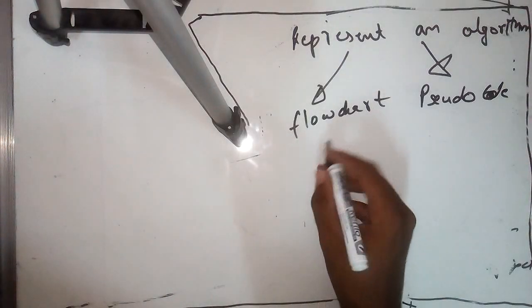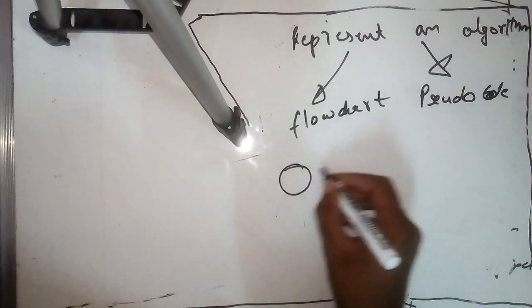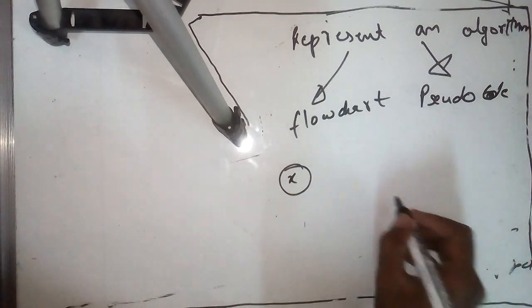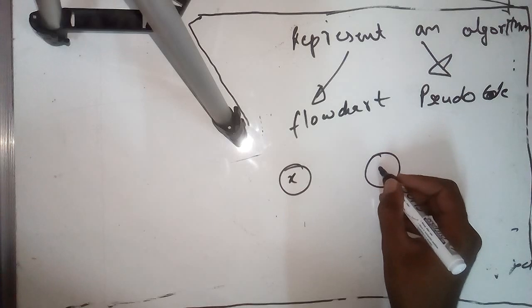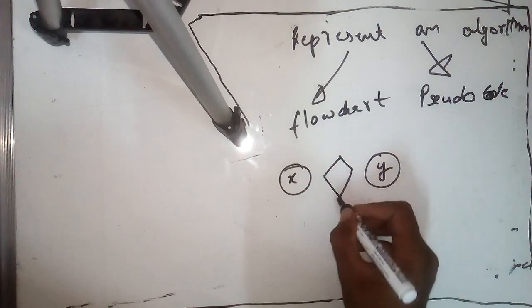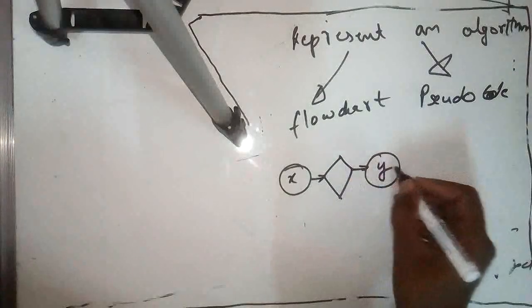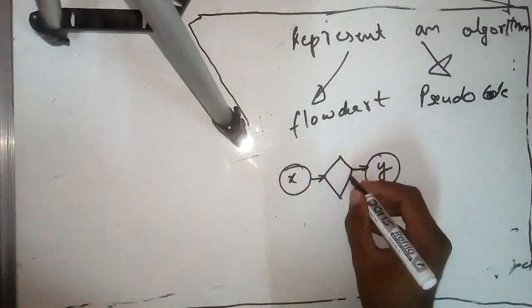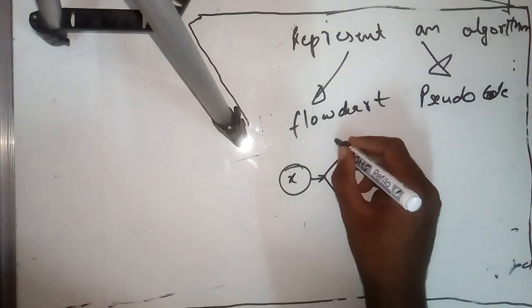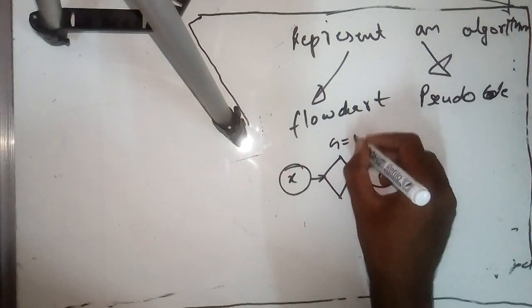See, let's say you have a person whose name is X, and this is a person whose name is Y. Person X wants to meet Y, but only when the value of, let's say, G is equal to 1.